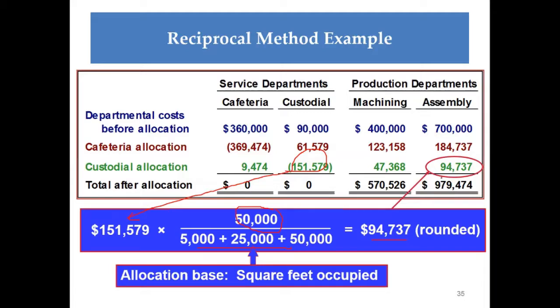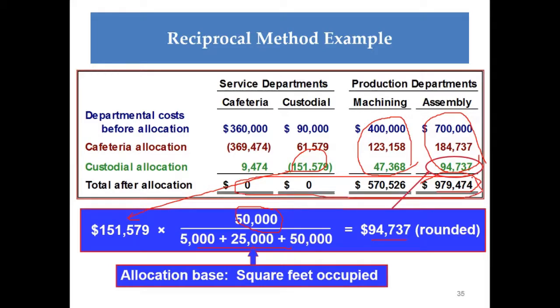Then the total cost of machining will be 400,000 plus 123,158 plus 47,368, which will be 570,526, and the total cost, the summation of these three amounts, will be 979,474.